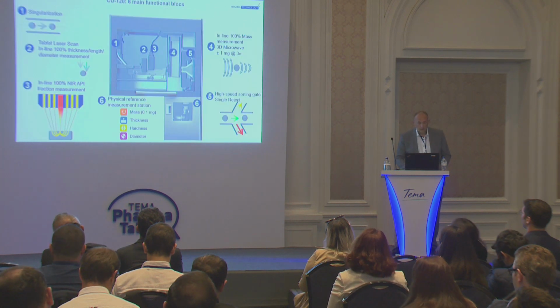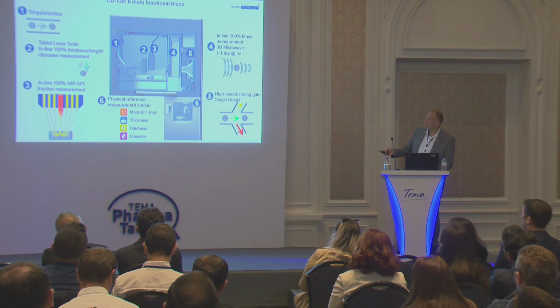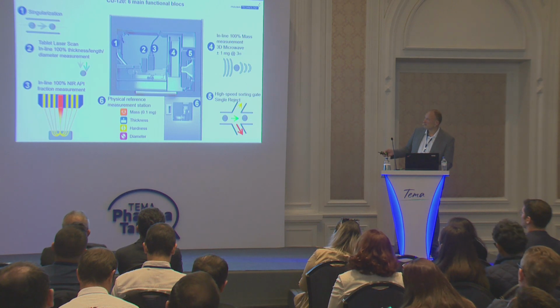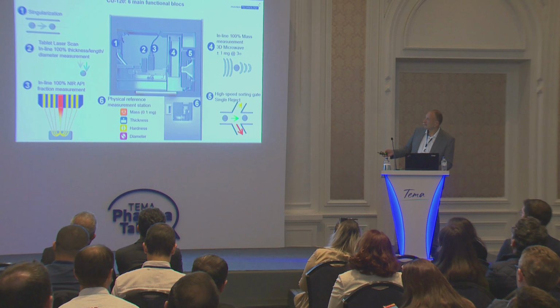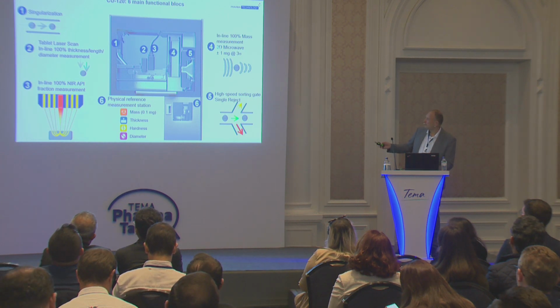Let's take a look at the functional blocks of the CU120. So singularization, which you learned already, then the laser scanner for tablet thickness and dimensions. Then we come to our NIR. After that, we have the agglomeration of the product, so we have the microwave measurement for the mass. After that, we have our fast sorting gate.